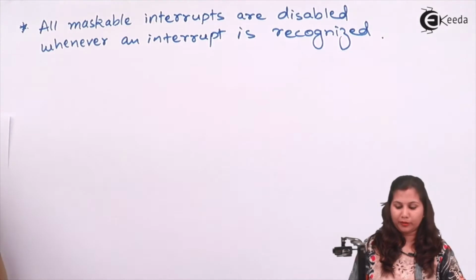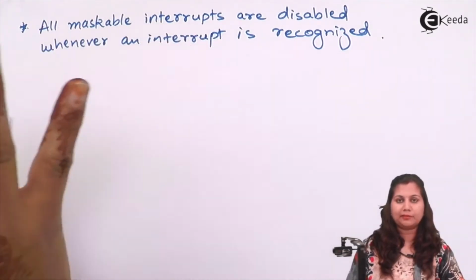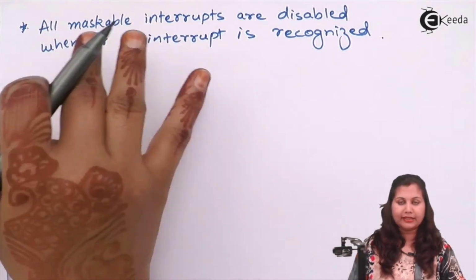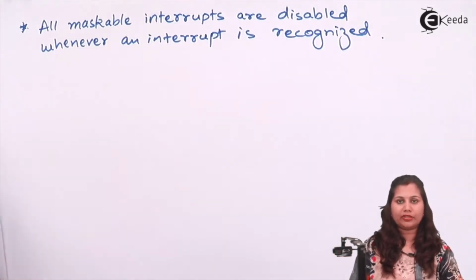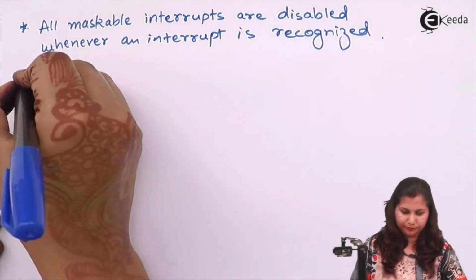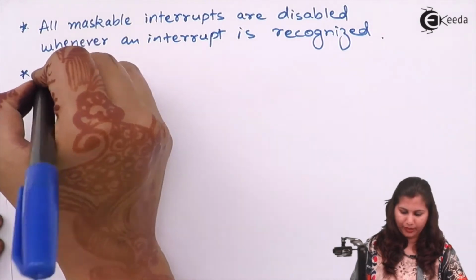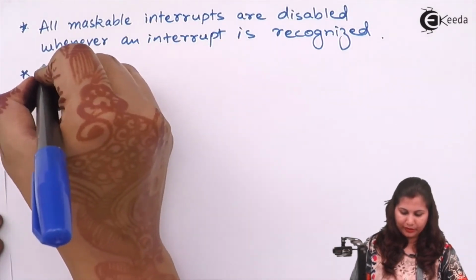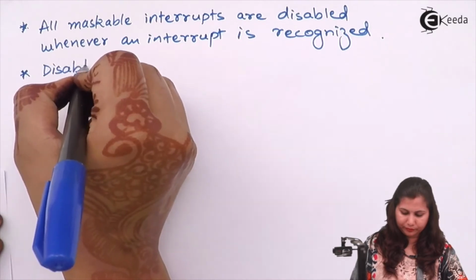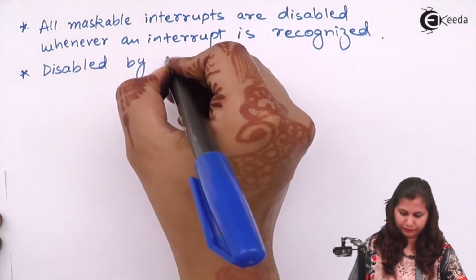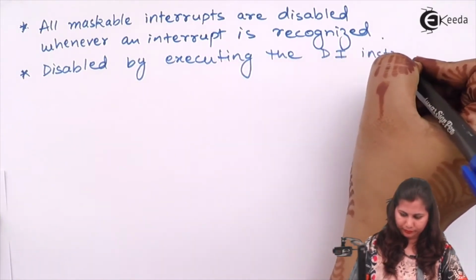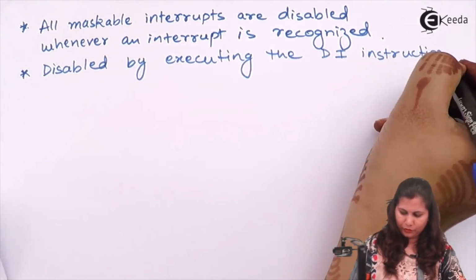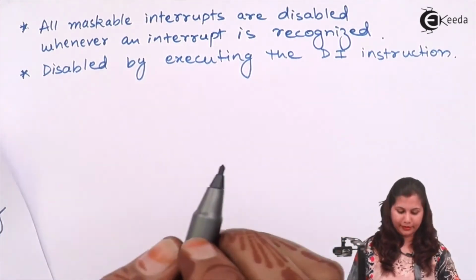Whenever any interrupt other than these maskable interrupts is being given to the 8085, then these interrupts are disabled, and the interrupt which is given first will be executed. And also they can be disabled by using the disable interrupt instruction.